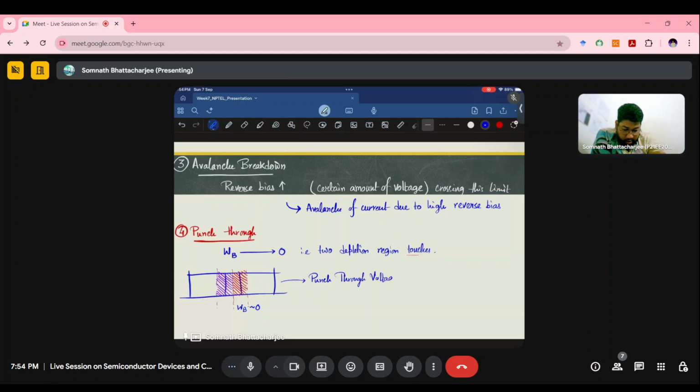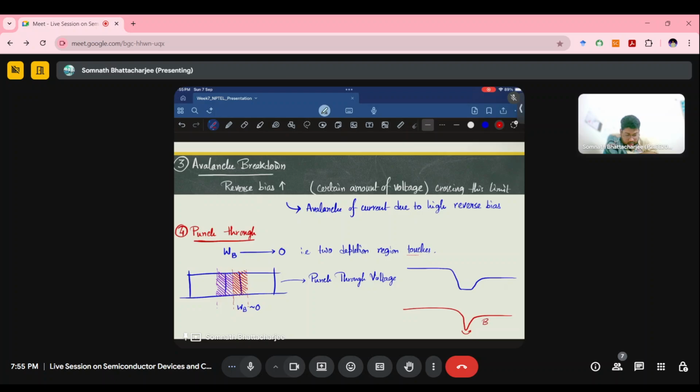So the basic band bending diagram, I'm just drawing it roughly. If the basic band bending diagram was kind of like this, it was looking kind of like this. And after the punch through, it will look something like this, because there is no specific width of the base region, and based on that, it will look something like this.